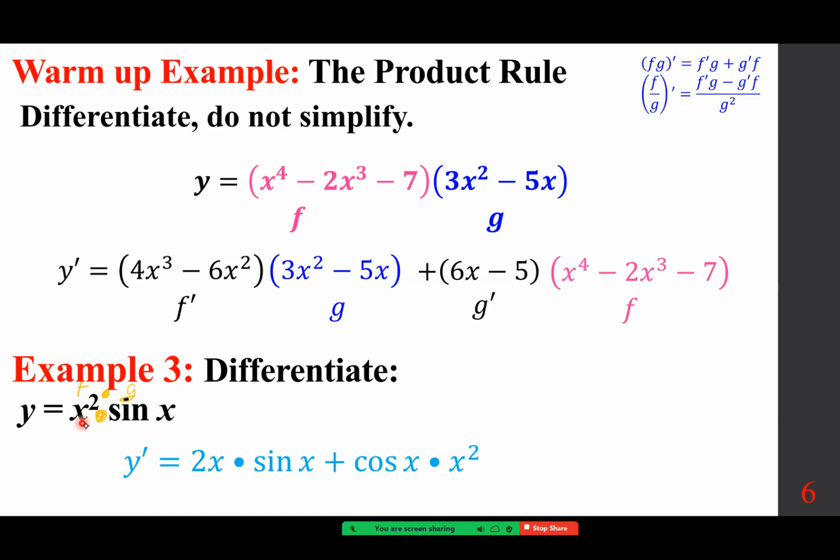So let's write at top of it f prime g plus g prime f. If you follow the formula, it's a lot easier than keep on writing d dx of this, d dx of that. You don't want to do that.